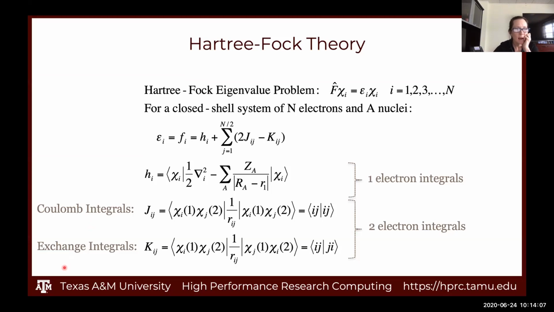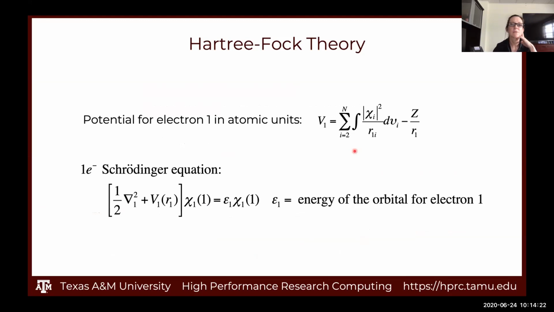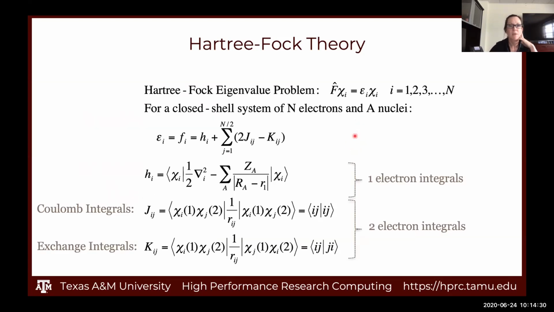Okay, so the 2 electron integrals, like I said, are the ones that it spends the vast majority of time computing. A little bit about this notation. Let's see, I realized I didn't mention it. When you integrate over all space, instead of writing the integration like this, you can use this bracket notation.